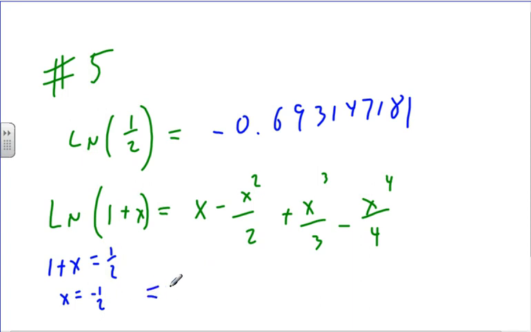So this is going to equal minus a half minus 1 over 8 plus 1 over 24 minus 1 over 64, I think.